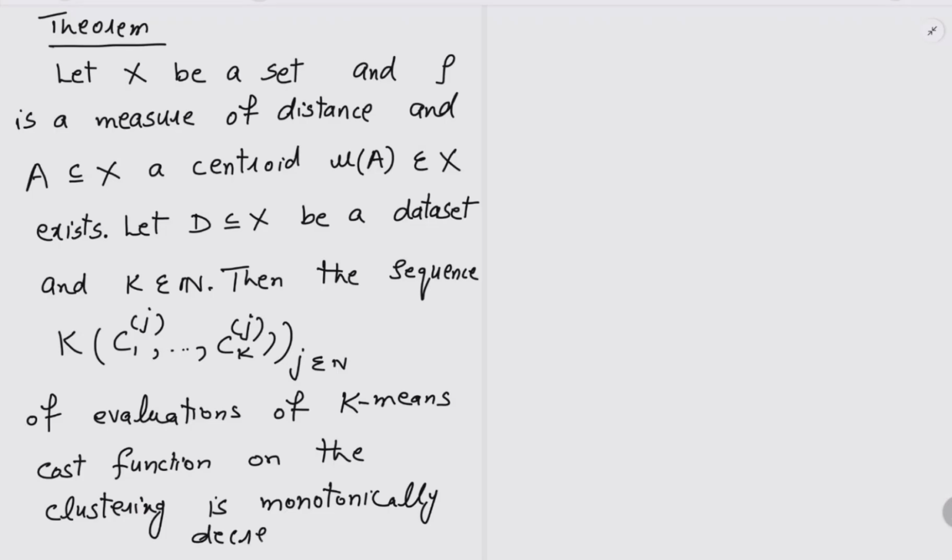That is the theorem, which is very important in the sense that it says the values that you obtain from K will always be decreasing.